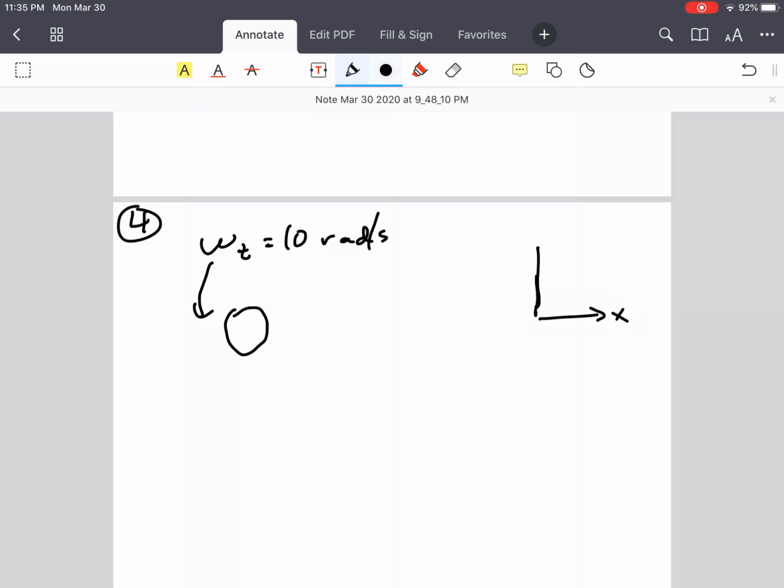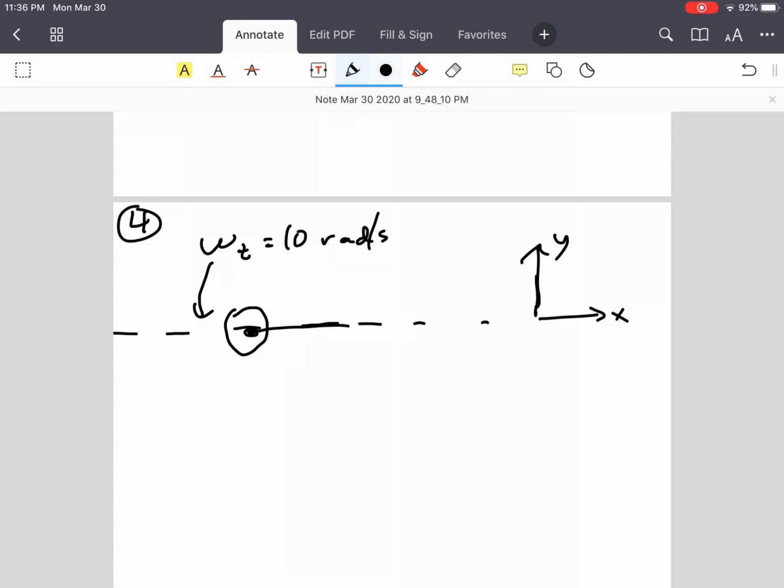All right, let's see if we got this. Here's my disk. It has an angular velocity, omega z, which was equal to 10 radians per second. At the point in time that was drawn in the figure, you may remember it was passing just through the negative x-axis.